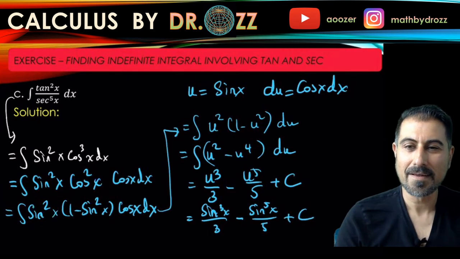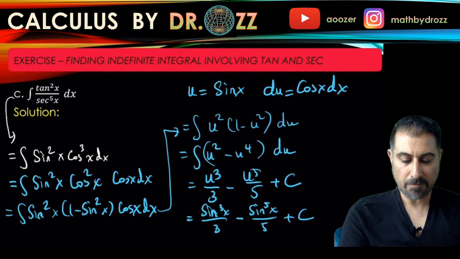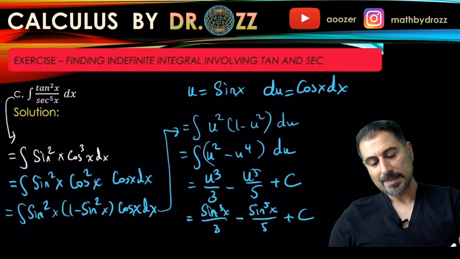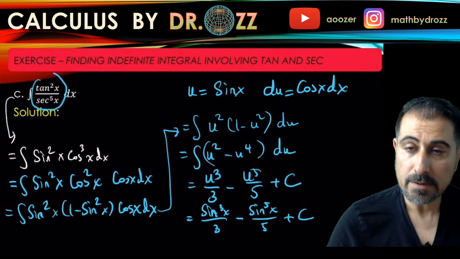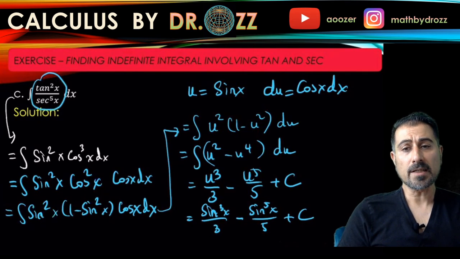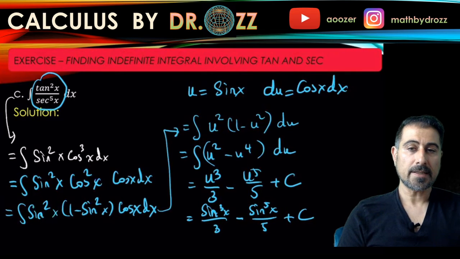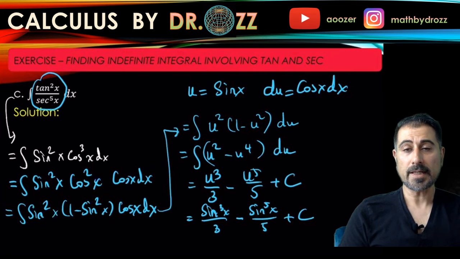All right. So this was an easy application of one of the guidelines, but the hard part in this question is to see that you got to convert this integrand to something involving sine and cosine only. We were using the definition of tan and secant, and tan is sine over cosine x, and secant is 1 over cosine x.